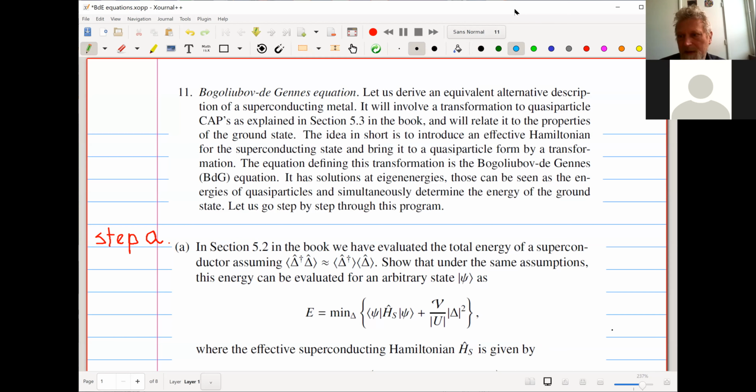The method is very similar to what is done in the original paper of Bardeen, Cooper, and Schrieffer. Since then, people found it convenient to use a bit different method, which, summarizing, I would call Bogolyubov-de Gennes equations.